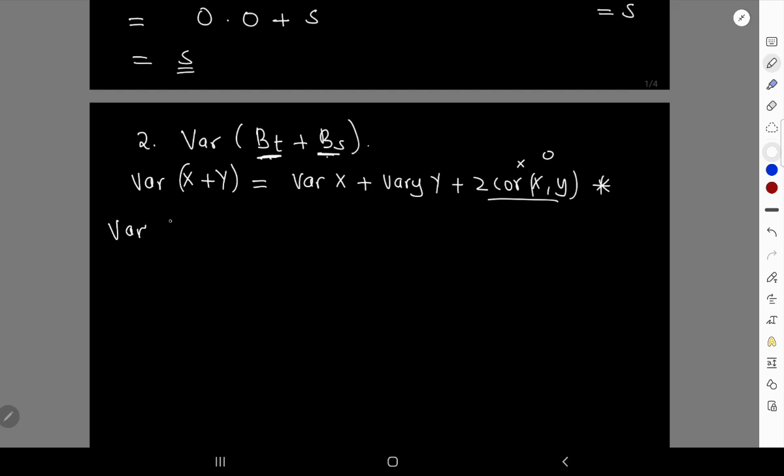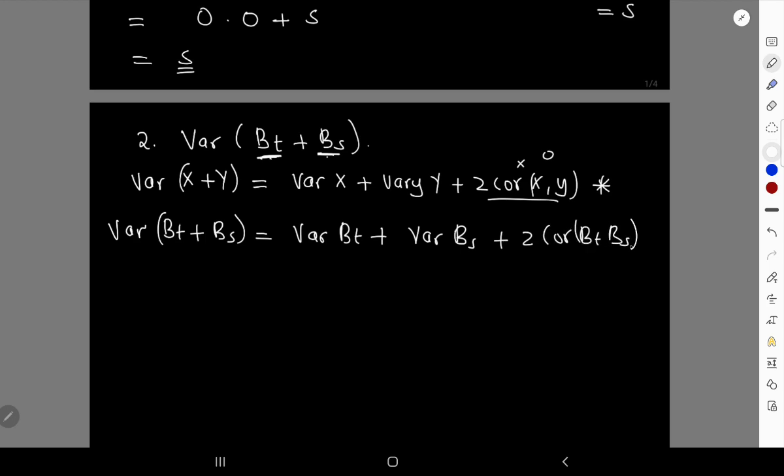So the variance of B_T plus B_S will be equal to variance of B_T plus variance of B_S plus 2 covariance of B_T, B_S.